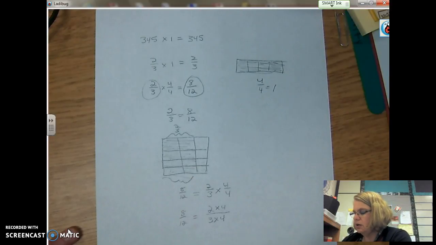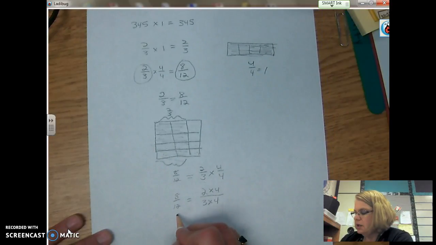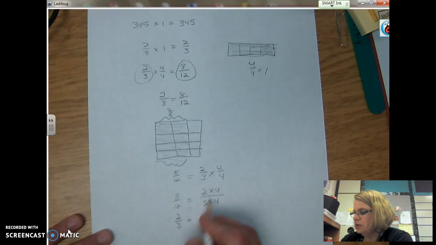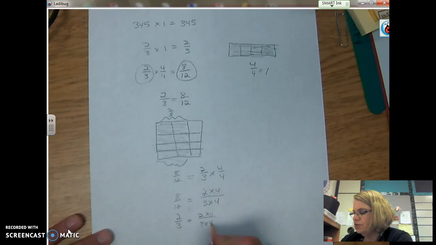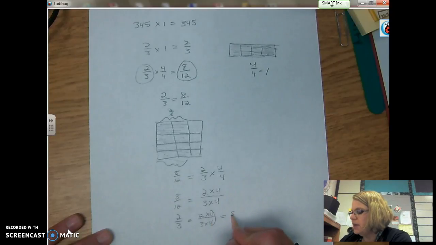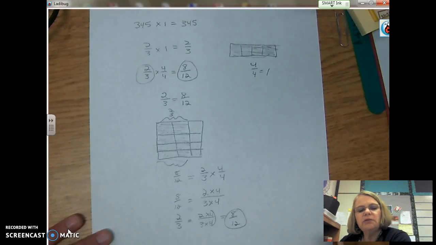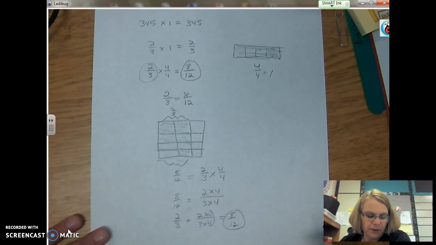Or really this would be 2/3 equals 2 times 4 over 3 times 4. The 4/4 is 1. Equals 2 times 4 is 8. 3 times 4 is 12. So we have 8/12. When we multiply fractions, we multiply both the numerator and the denominator straight across.